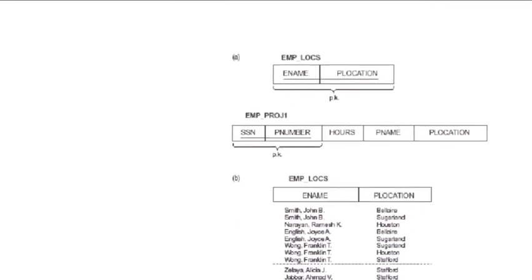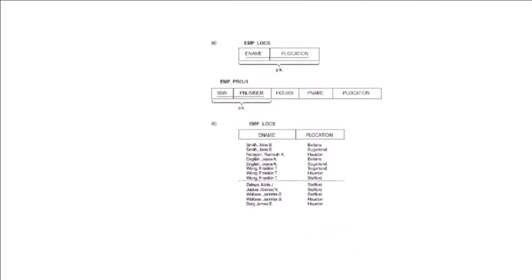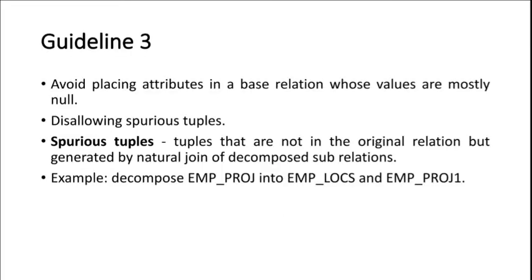So this is nothing but a spurious tuple. So what is the spurious tuple? Tuples that are not in the original relation but generated by natural join of decomposed subrelations. That is, employee project is decomposed into employee location and employee project 1.